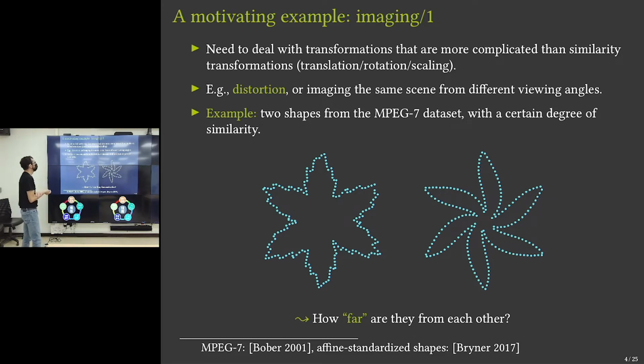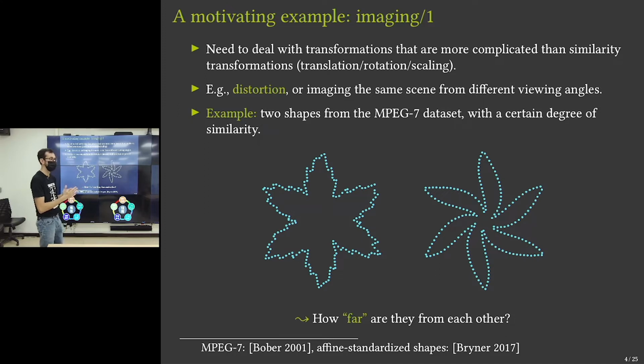Sometimes in imaging, the need arises to deal with transformations that are more complicated than just similarity transformations like translation, global scaling, or rotation, of course. For example, that's the case if the plane containing the shape you are interested in is not parallel to the plane of the camera.